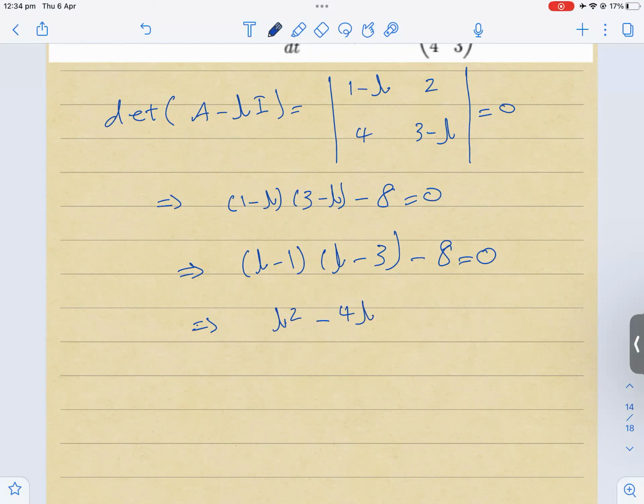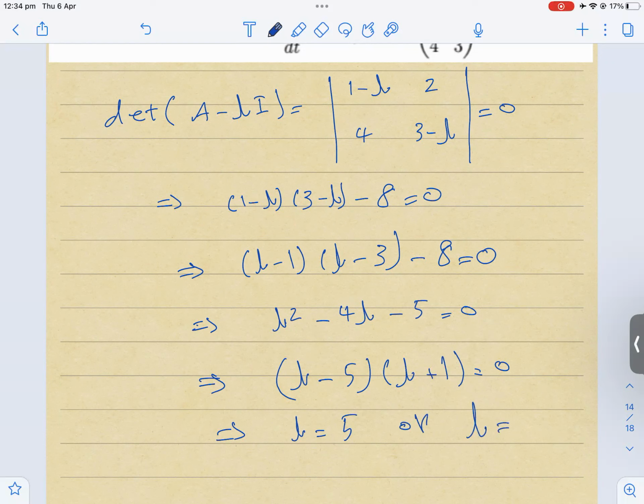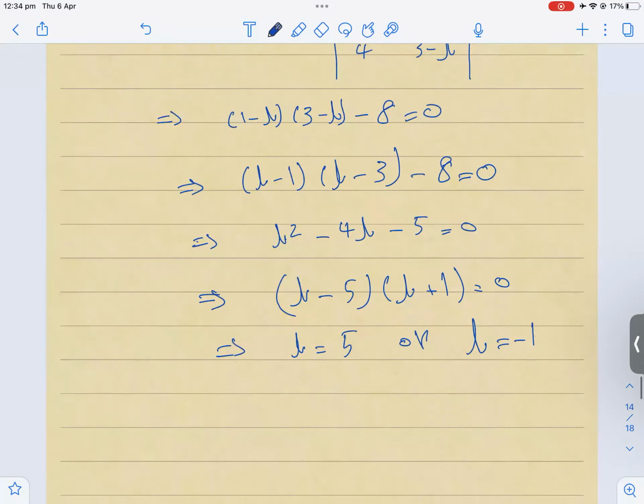That will be positive 3 with minus 8 will be minus 5. So it should be lambda squared minus 4 lambda minus 5 equals 0. Is that right? Yeah, for the first time, it's right. I was just hoping they were complex, so I could see how to answer it properly.